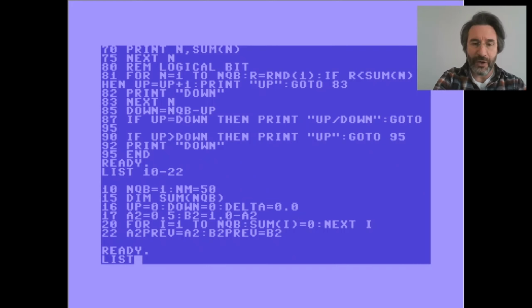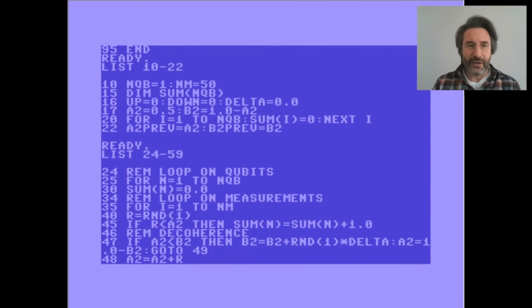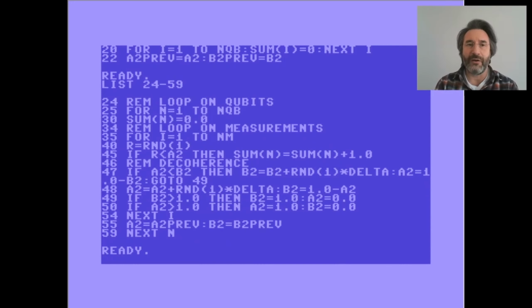So if we now go ahead with the code and we go from line 24 to line 59, here we see practically the main loop where the measurements and decoherence are simulated. The loop starts at line 25 and ends at line 59, and this is practically a loop that goes over the number of qubits. So if you have only one qubit, this is going to be performed only once.